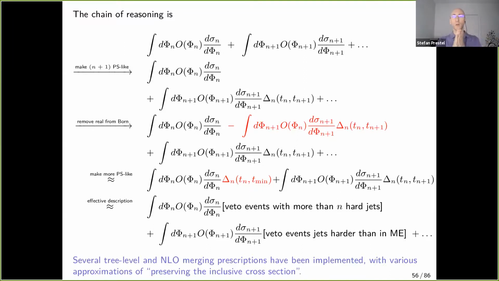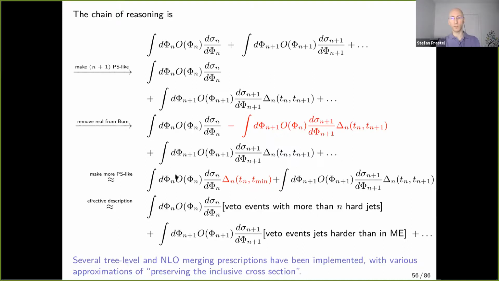You can make this more parton shower-like by realizing that this first term here, on this first line here, is actually nothing else but the seed cross-section or the prior distribution multiplying the no emission probability between the maximum scale and the minimal scale, just like in the shower, right?